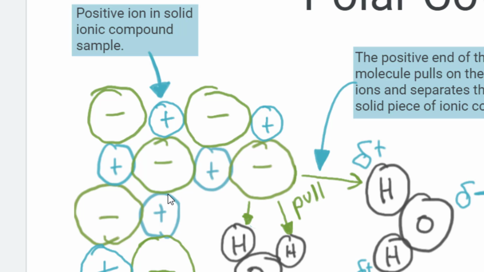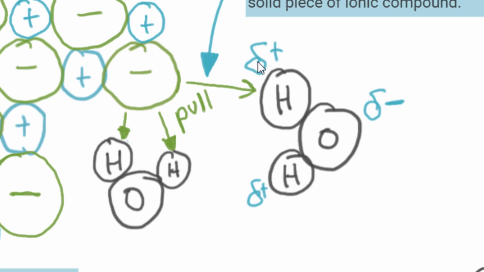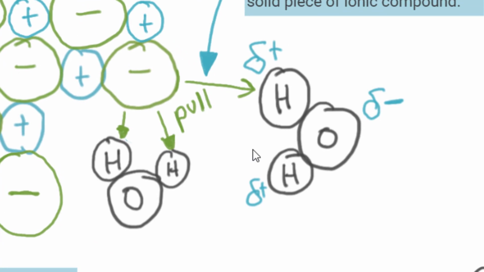Now, you know when you put salt into water, it starts to dissolve and it disappears, right? That's basically the ions are breaking up into individual ions. And why do they do that? Well, the reason is this. We have this water molecule, and we have millions of water molecules coming up to the solid sample of ionic compound.